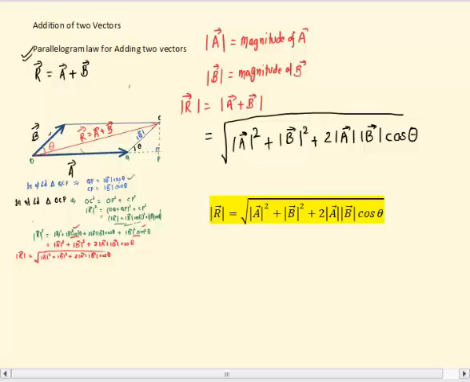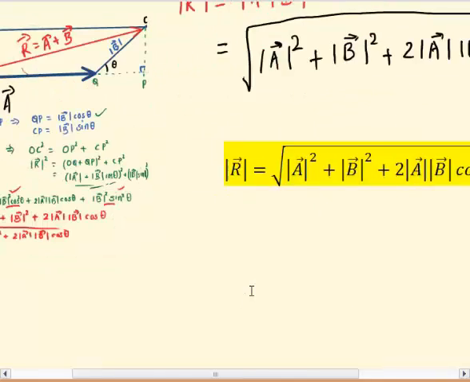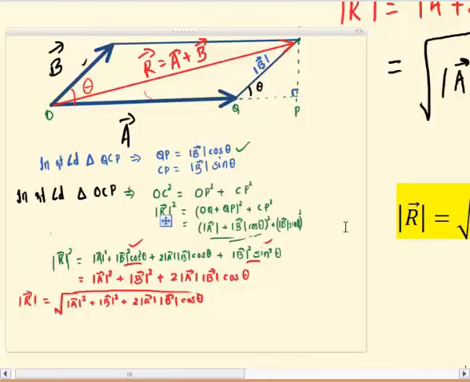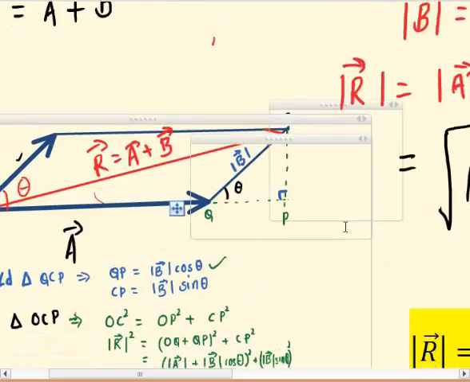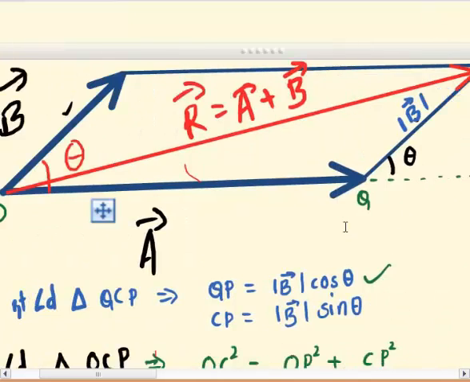Having said that, we still have to find the direction of this A plus B, because it's a vector and must have a specific direction. In order to find the direction of A plus B, we must look at the diagram.